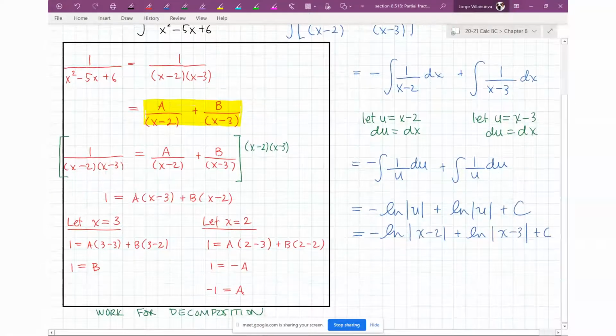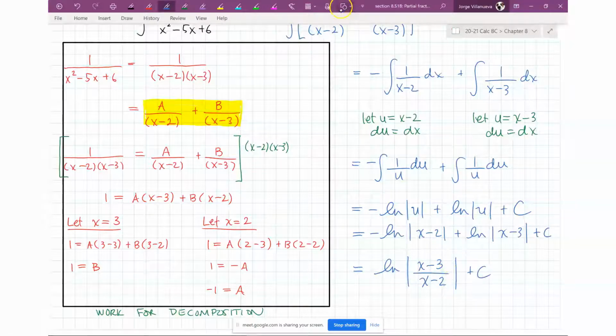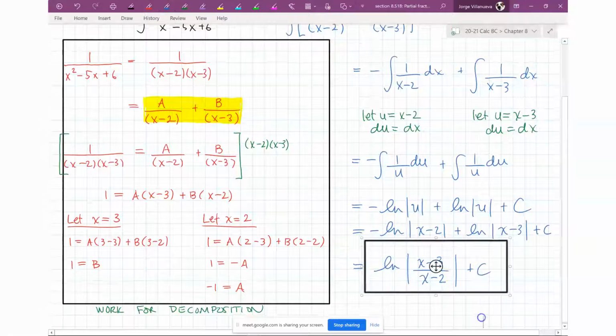Now, using the properties of natural logs, if it's a subtraction, it belongs in the denominator. If it's an addition, it belongs in the numerator. So therefore, this answer should be ln of the absolute value of x minus 3 over x minus 2 plus c. And that would be your solution to this problem.